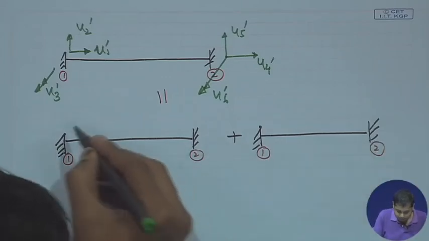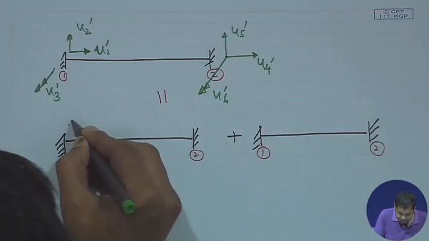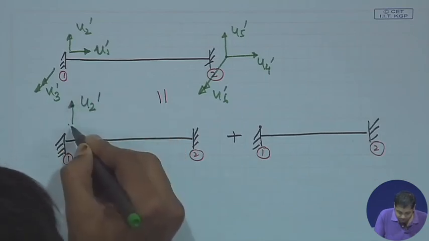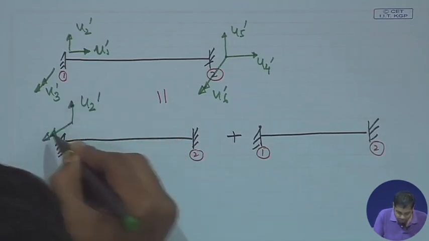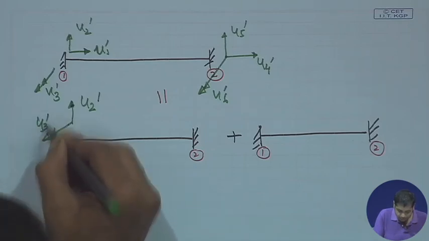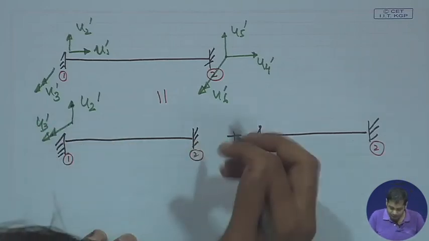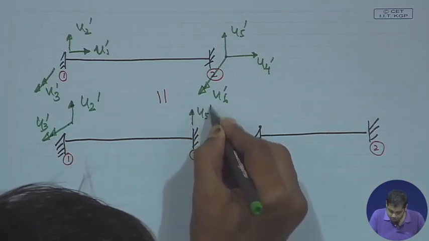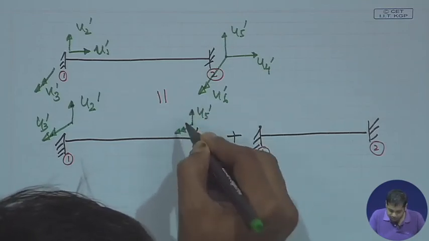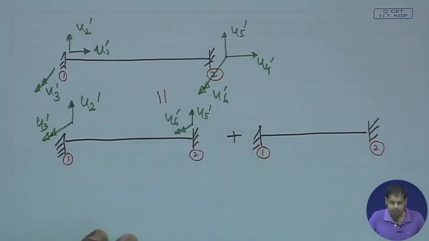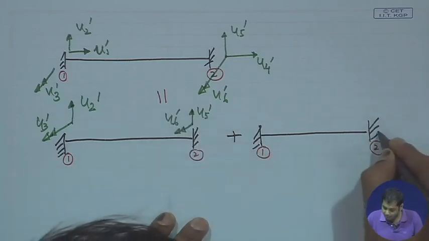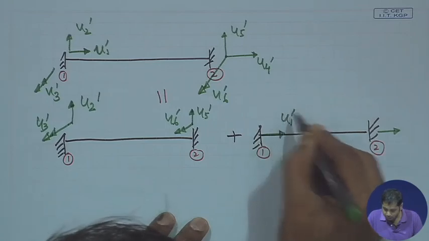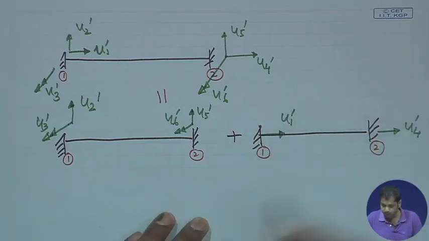Now, here you give only these degrees of freedom u2 dash and rotation u3 dash, okay. And here you give only u5 dash and rotation u6 dash, and here you give only translation u1 dash and u4 dash.